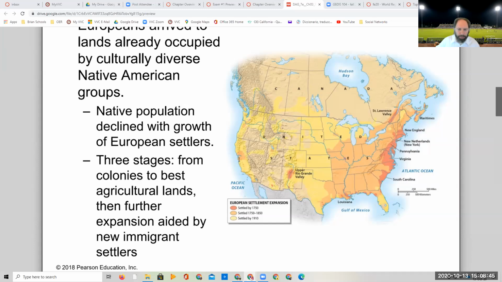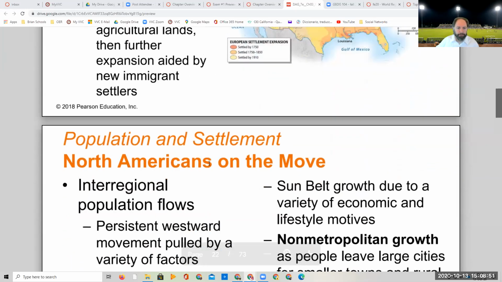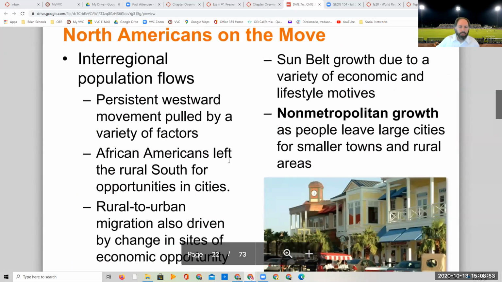You had many, many people coming from the rest of the world here because of the opportunities for riches and stuff like that.